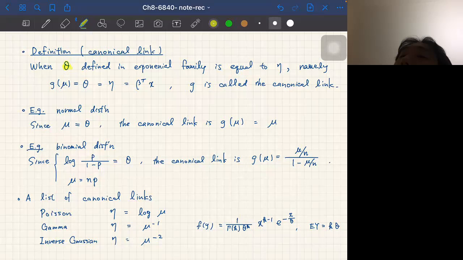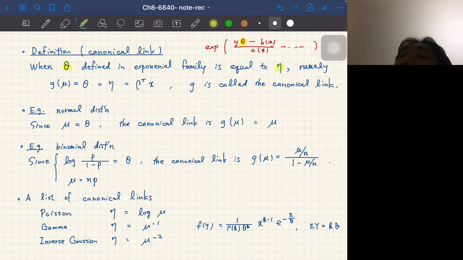In the exponential family, the density is the exponential of y times theta minus b of theta over a of phi, and so on. And if this theta is represented as the linear combination of predictors, that is eta, then we say g is a canonical link.